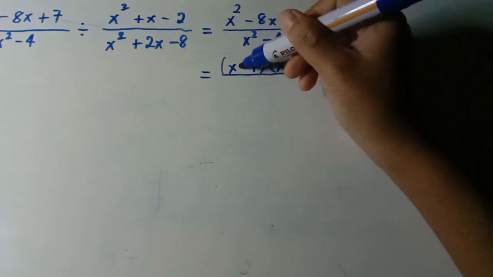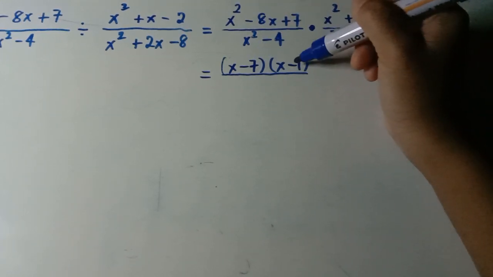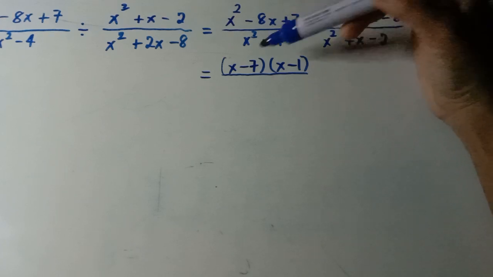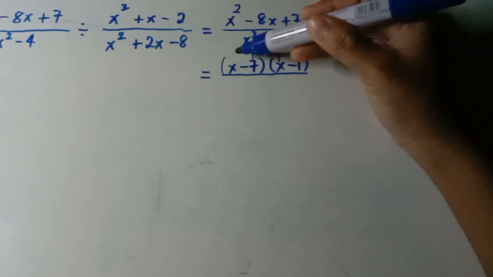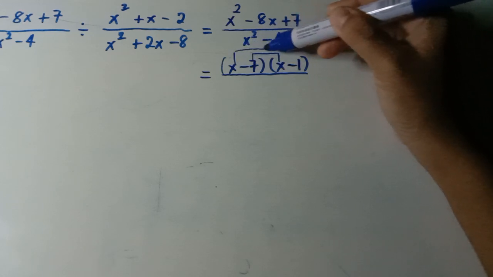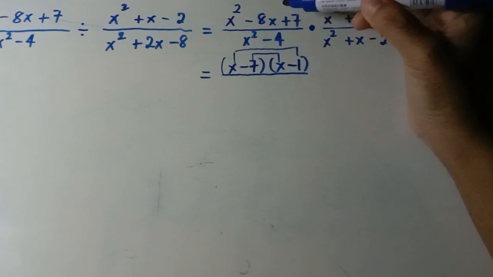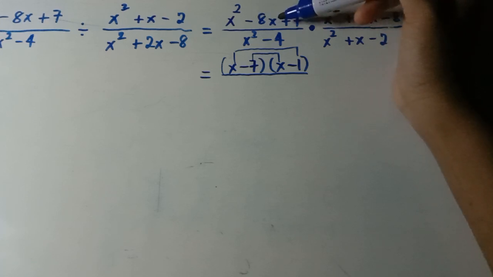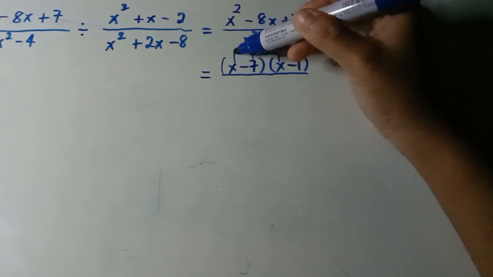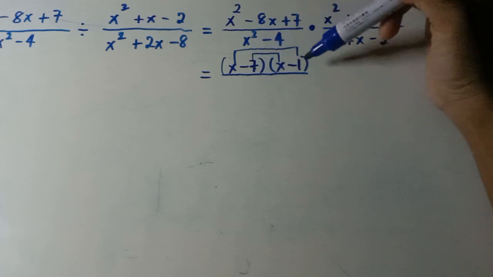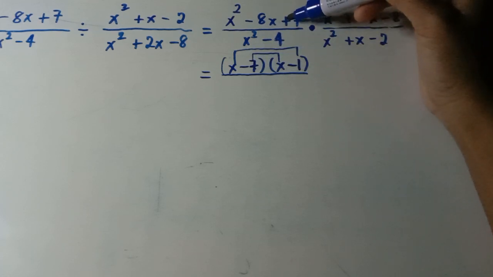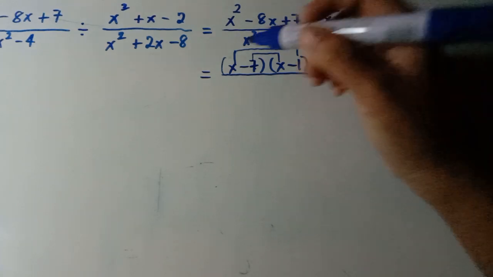So therefore, negative na sila puros di ay. Negative 7x and then negative x, that is negative 8x. So sakto. And then negative 7 times negative 1 equals positive 7.